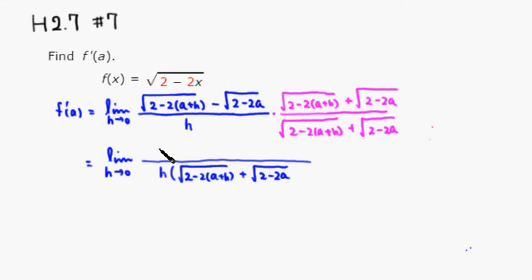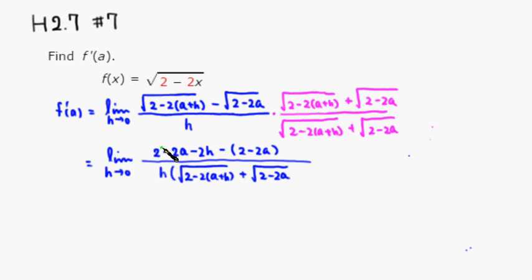So a squared would be 2 minus 2a minus 2h. I'm going to just go ahead and multiply out. Minus the square of that is going to be simply 2 minus 2a. So this way we can cancel out.